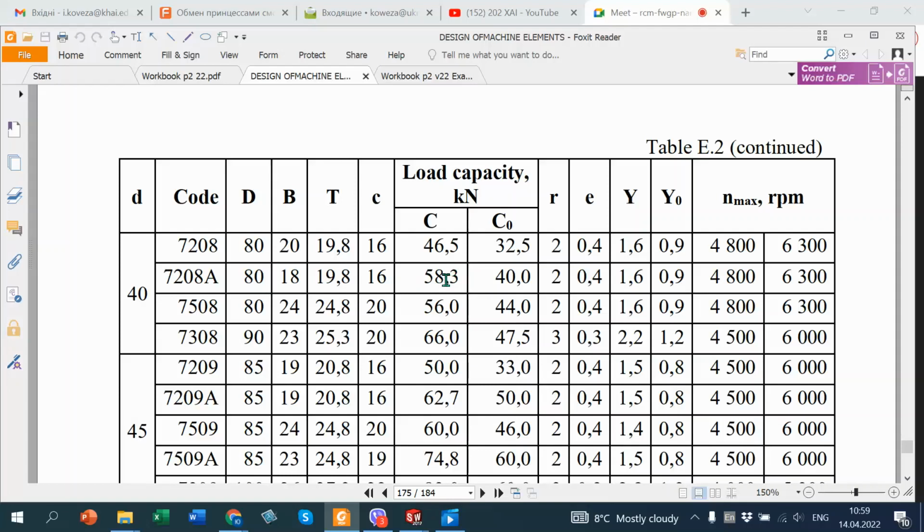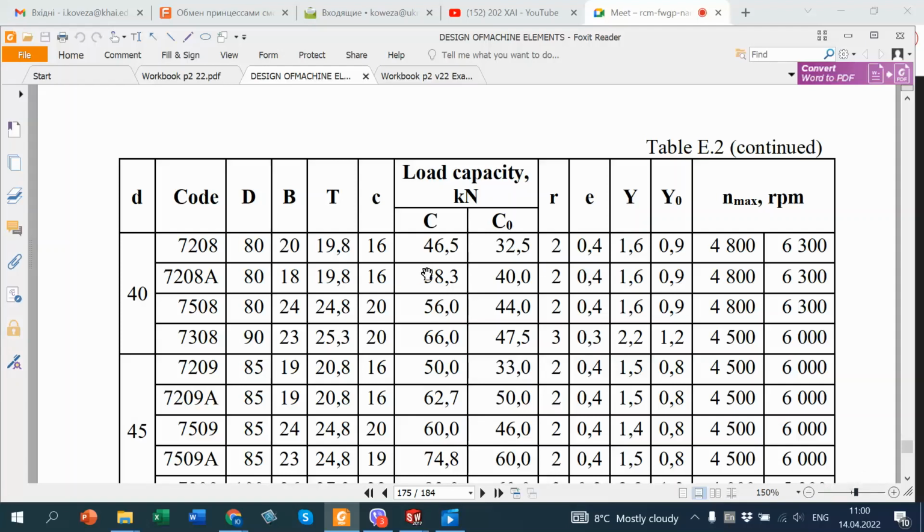So it means that we can change type of bearing. We can use tapered roller bearing instead of ball deep groove. In such case, we have the same dimensions but another type. Another type means that you should recalculate load, and you'll see that we have one more safety part of load for these bearings.